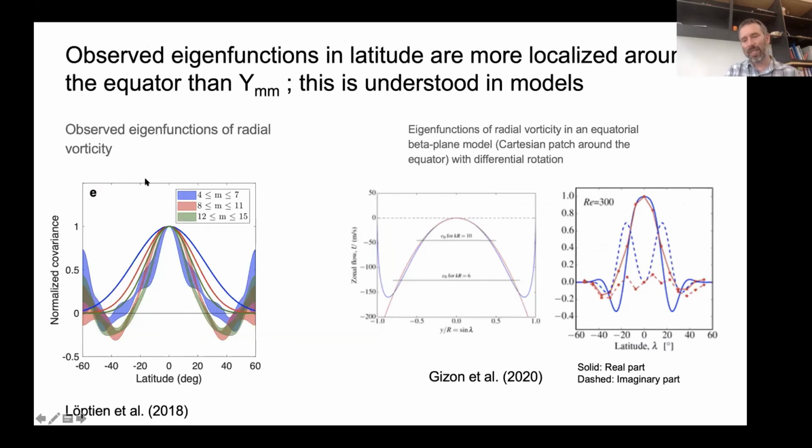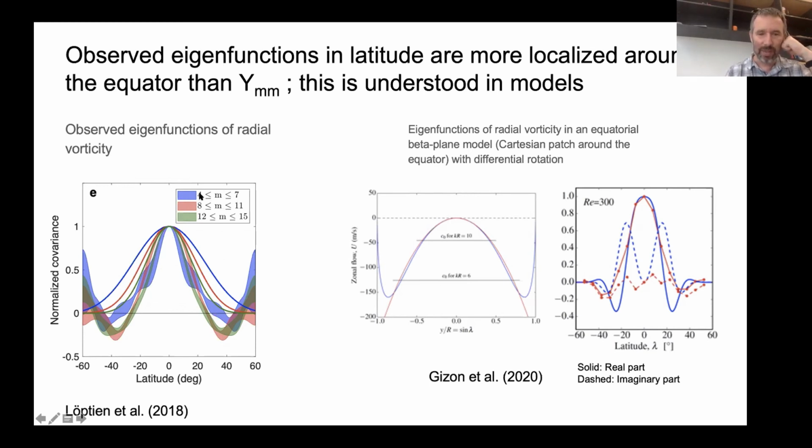Another thing that you can squeeze out of the observations is you can determine the latitude dependence of the eigenfunctions, because you have measurements at different latitudes. Again, if you think back to those maps of radial vorticity. So you can extract the eigenfunctions, say, of the radial vorticity from the observations. And here are some examples. These shaded regions are estimates of the eigenfunctions in latitude.